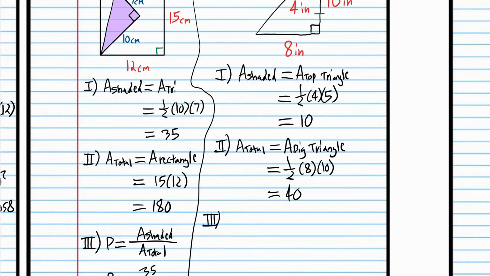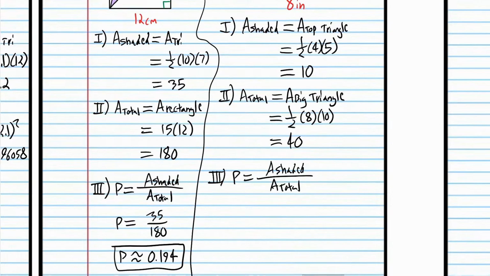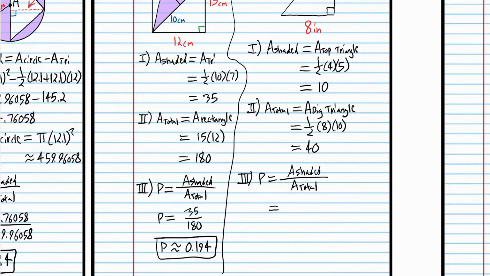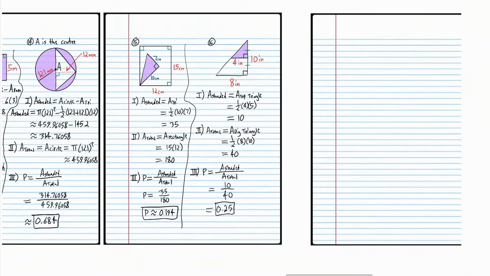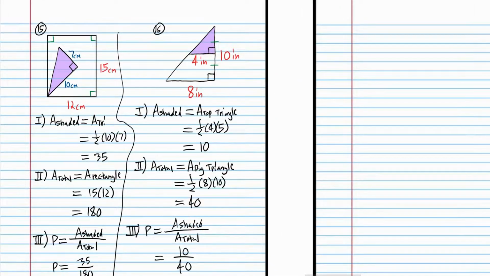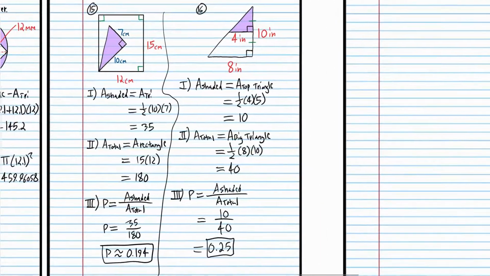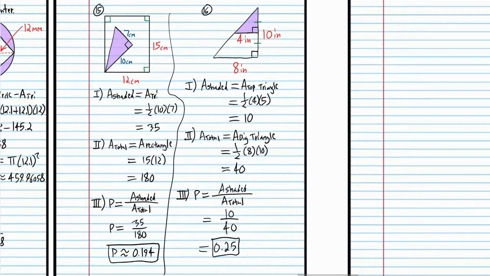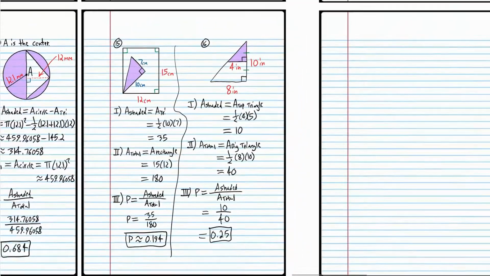And the probability is equal to the area of the shaded region over the total area, and that is 10 over 40, which is 0.25. So we got 0.25. Good job. Now just be aware my triangle is not exactly proportional, so don't worry if it looks a little off there, but it's about 0.25. So we got that answer.